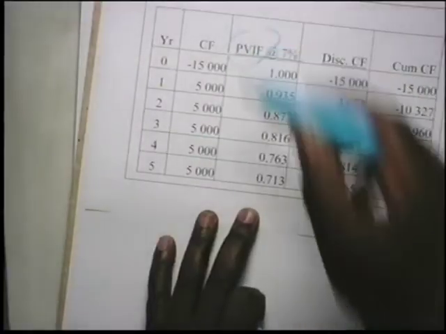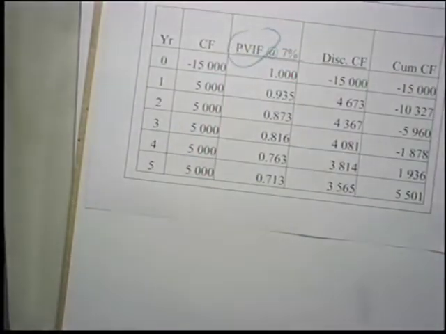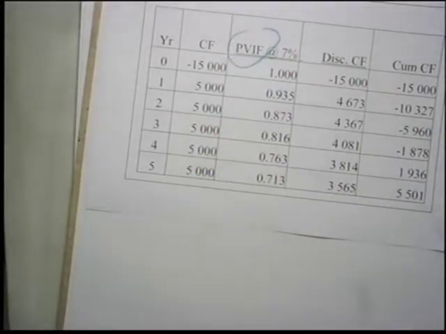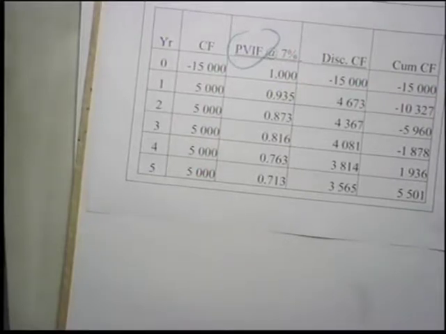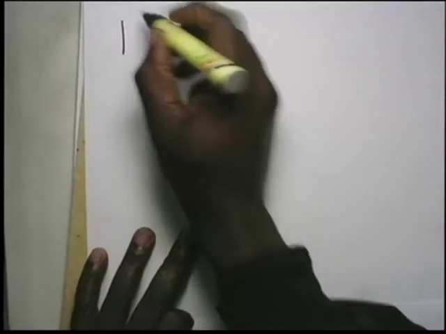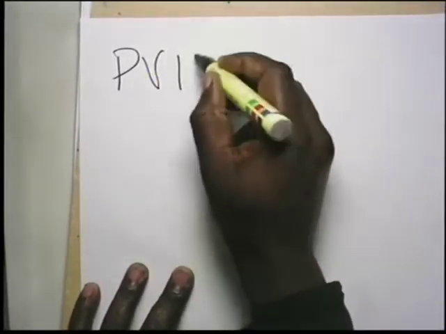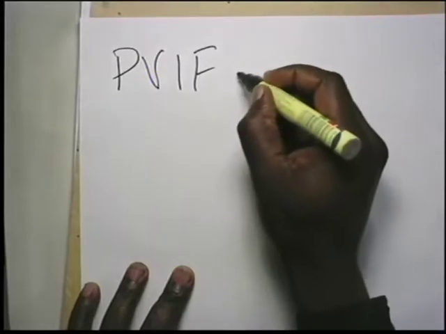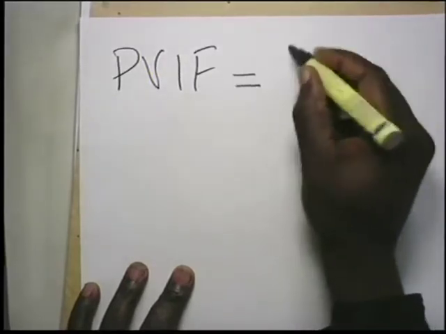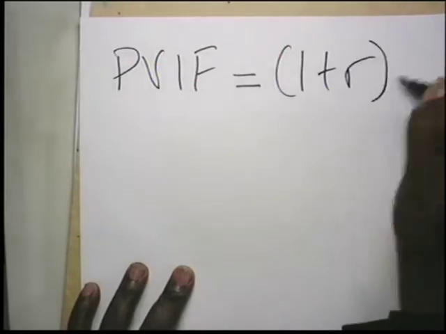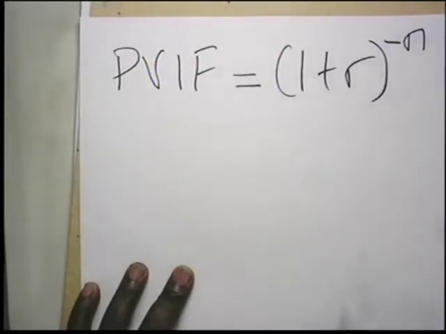Now, you see the letters PVIF here. These letters simply stand for present value interest factor. Present value interest factor is obtained using the formula (1 plus r) to the power negative n.